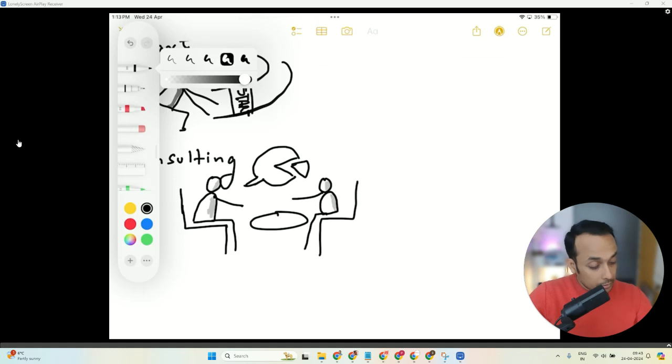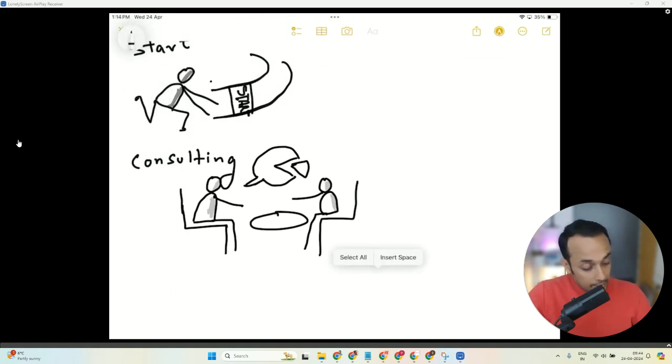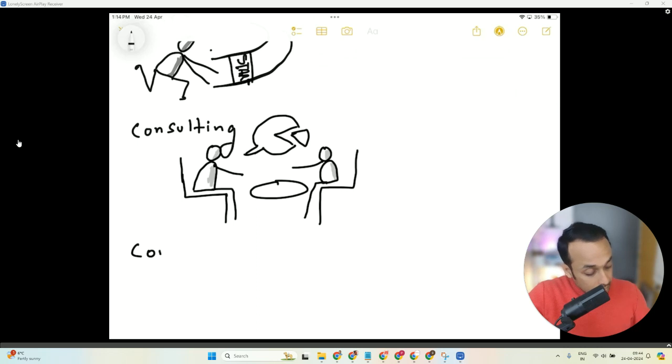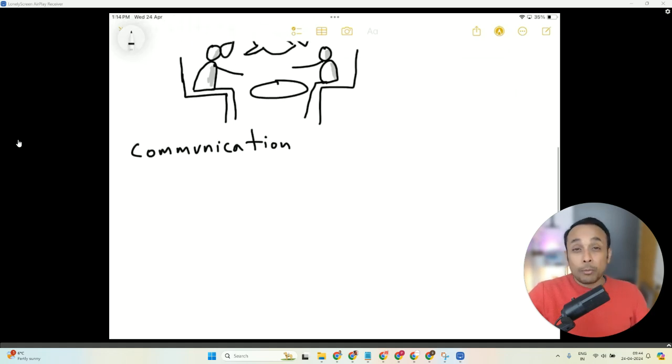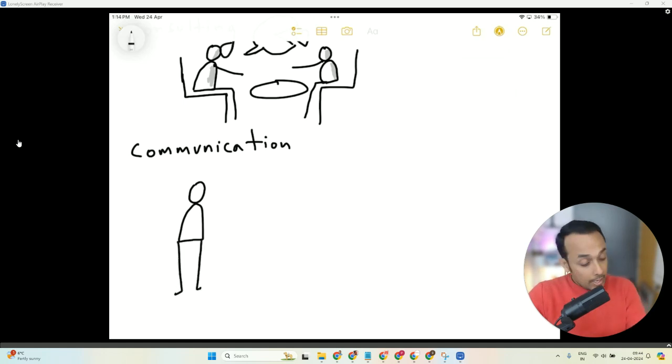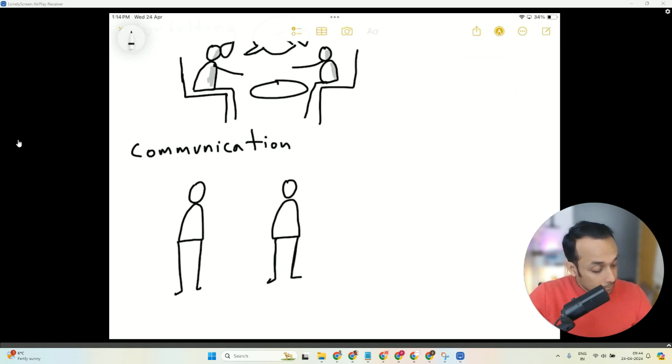Let's go back to the same nib. Can I draw communication? Communication. And communication, I'm going back to my childhood memory in which we used to communicate using that toy. So I'm drawing here a person, another person, and he is standing, and then I can draw another person, and both these are holding.